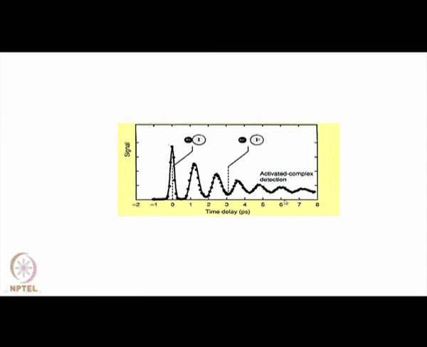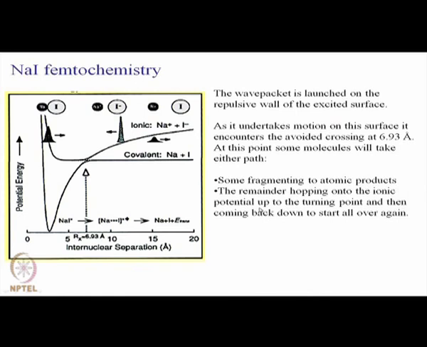Okay. So, thus through this experiment, it was for the first time demonstrated using sodium iodide, using femtochemistry, that decomposition of sodium iodide to sodium and iodine occurs via an intermediate, where this intermediate is stretched a little bit, and from that it is dissociated to sodium and iodine.